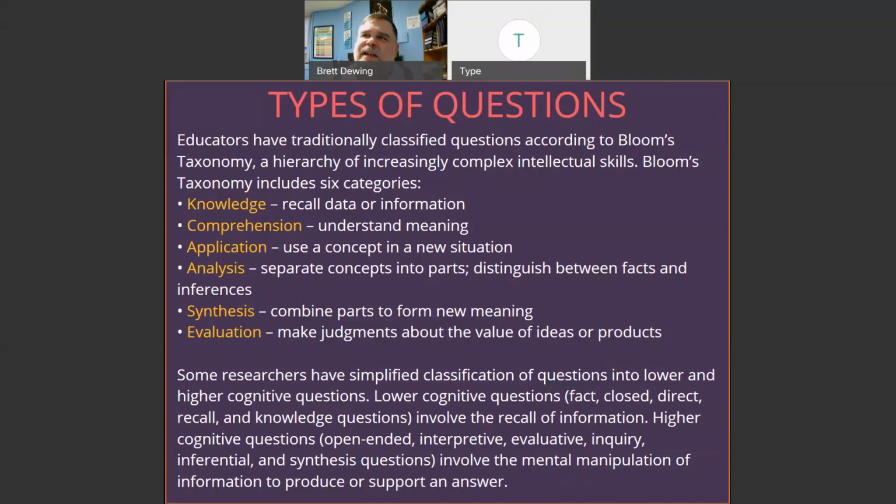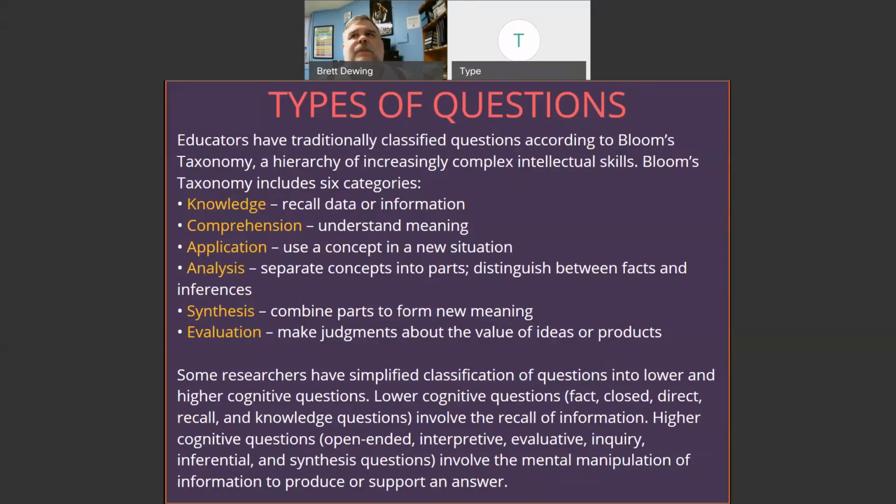Comprehension is understanding the meaning of what you know. So that's not something you can memorize. That's a lot of what we talk about in reading class. Comprehending the text, understanding what's going on, what's the meaning of what we're reading. That's comprehension.